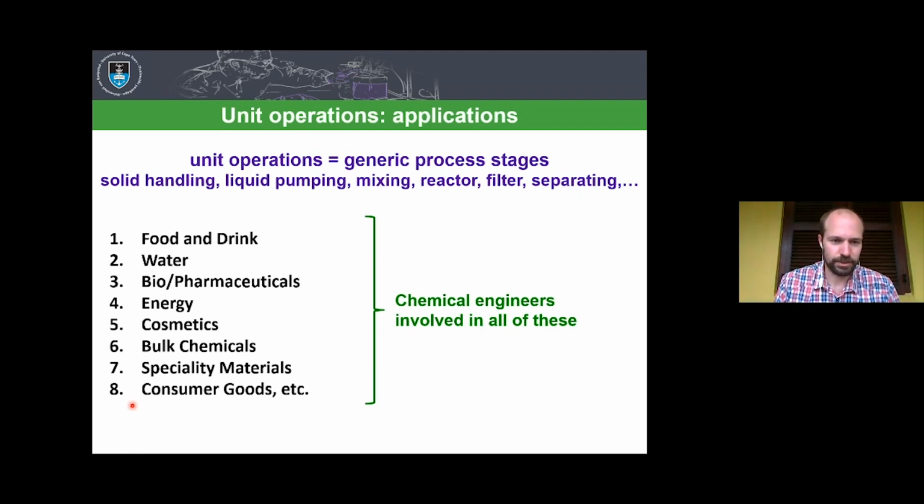So a short example of how we make food, water treatment, making pharmaceuticals, energy production, cosmetic chemicals, special materials, clothing, anything you can think of where we need to go from one product to another one while using solid handling, liquids, pumping, mixing, whatever you can think of. That's chemical engineering. So we're involved in all of these. So you can get into very different industries as a chemical engineer.